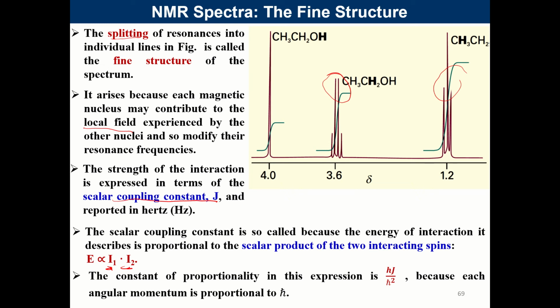and the proportionality constant here, when you remove this, is equal to hJ by h cross square. And you can also correlate why this expression comes, why this constant of proportionality has such a value, because each of the angular momenta is proportional to h cross.